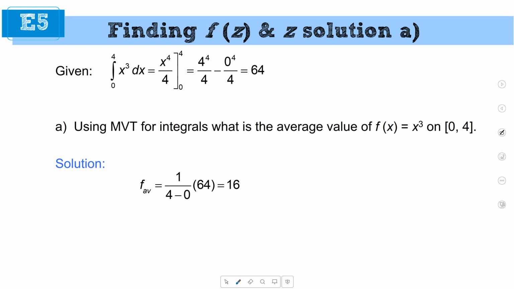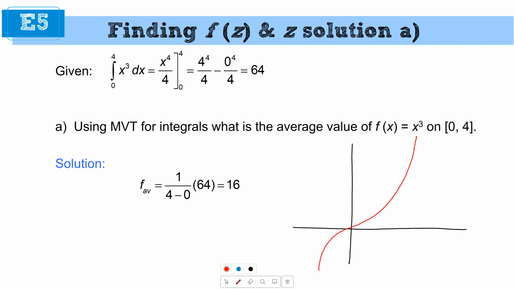For those of you that don't understand the question, I'll draw you a picture, because I like pictures. Okay, so what we found is that if I go from 0 to 4 and I melt this function down, do we know where that point is?